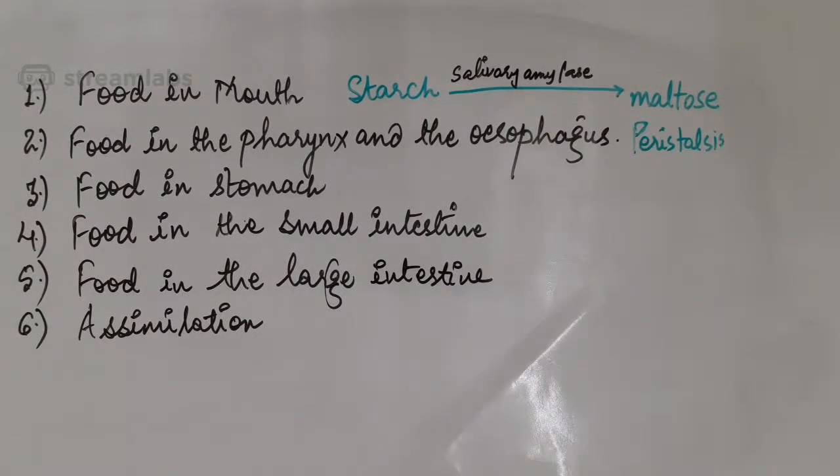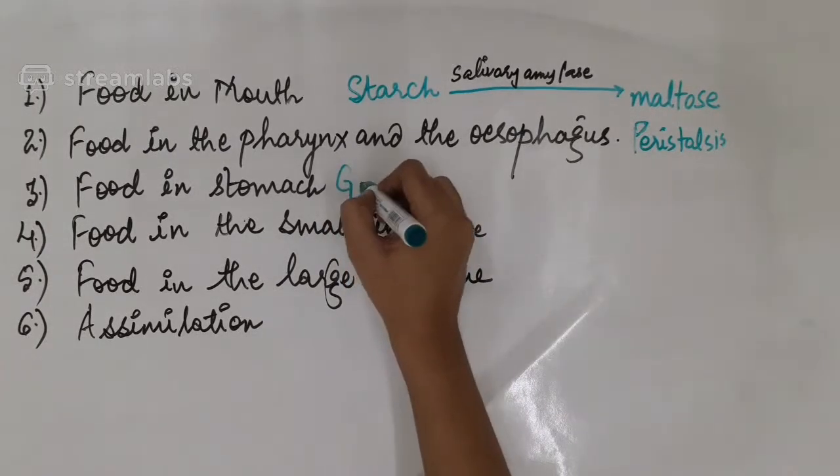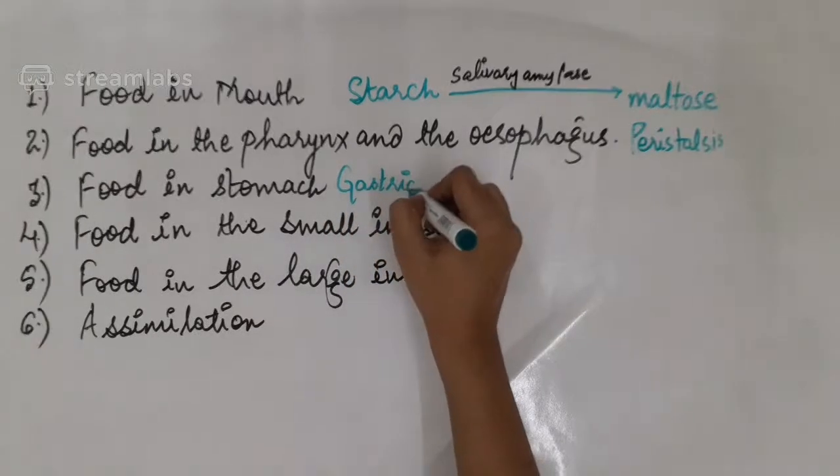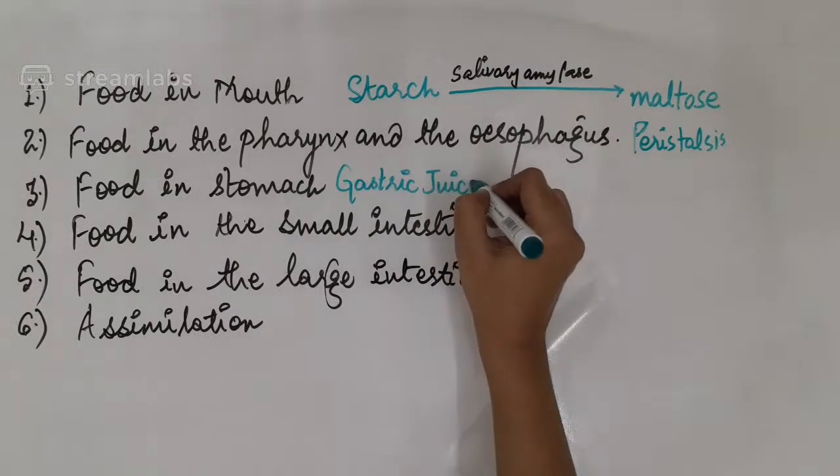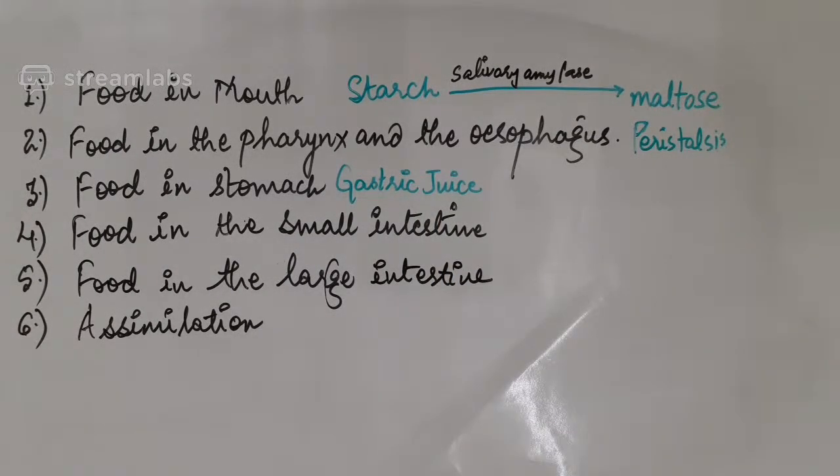And in the stomach, the food goes and gets acted upon by the gastric juice, which kills the bacteria and helps in the digestion of proteins.